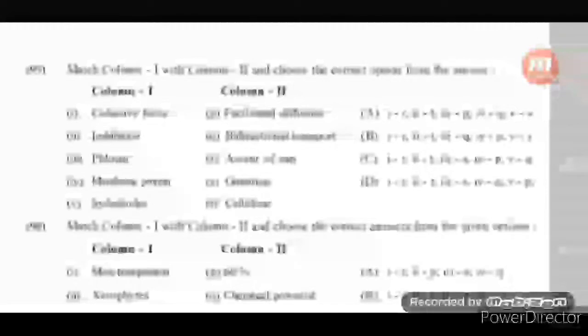Now option B: the cohesive force, it is ascent of sap. Imbibition, it is also the cellulose. Phloem, it is bidirectional transport. Membrane protein, it is the facilitated diffusion. And the hydathodes, it is guttation. So this is the second option.